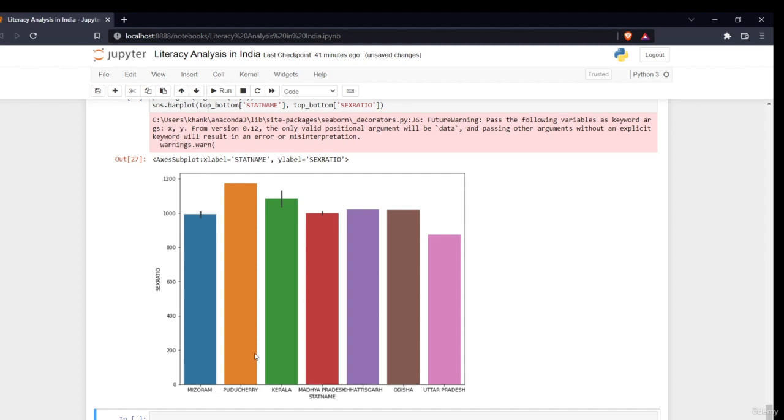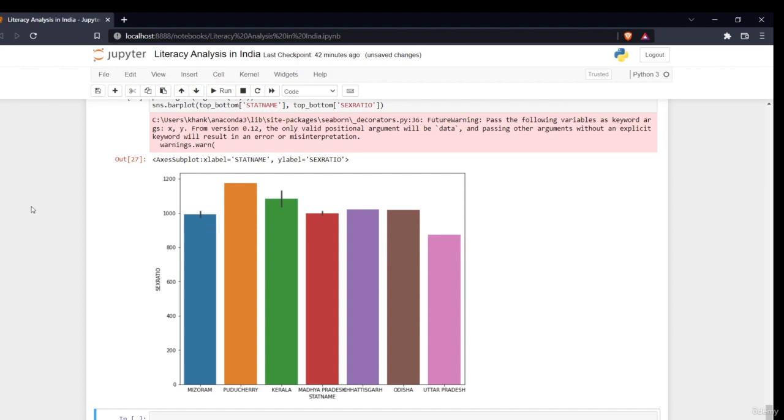If you see the facts on the basis of female ratio or female education, states like Odisha, Chhattisgarh and Madhya Pradesh are far behind the states in the bottom, the east and southeast, like Kerala, Puducherry and Mizoram. As you can see here also, the state with the lowest sex ratio is Uttar Pradesh.